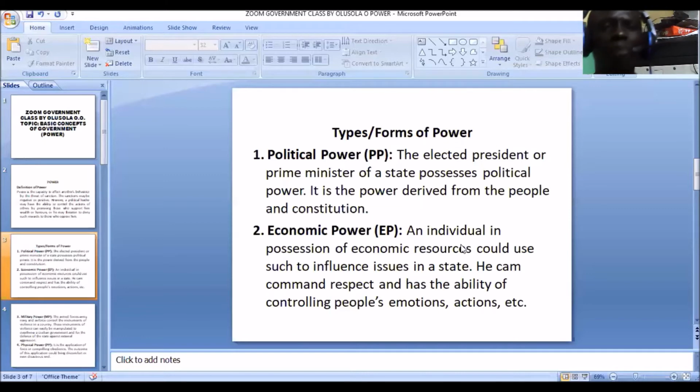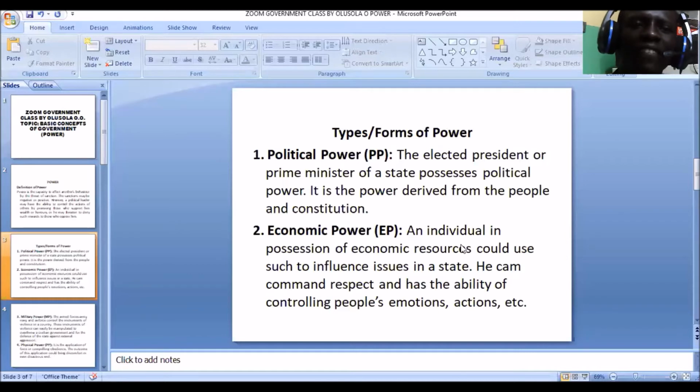Then the second type or form of power is what I title economic power. Economic power is so germane, although it is quite different from political power.